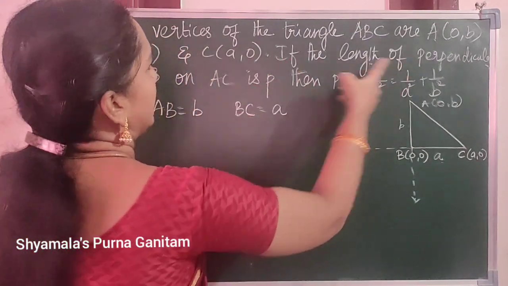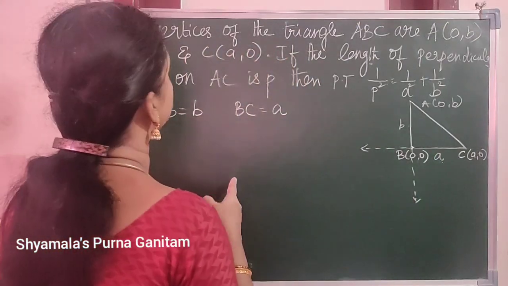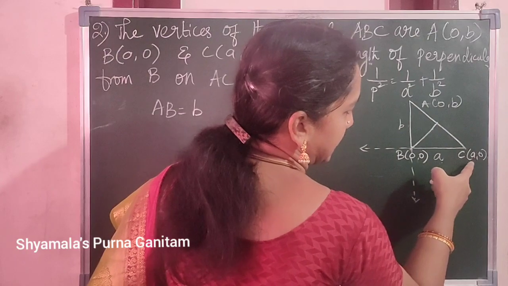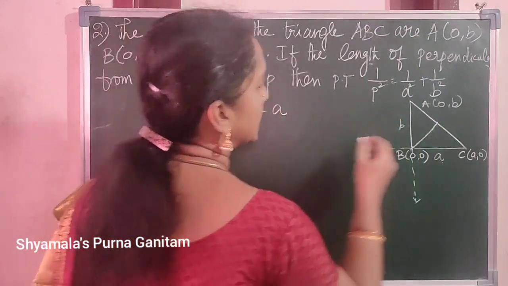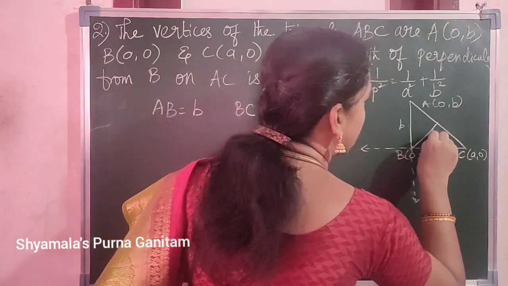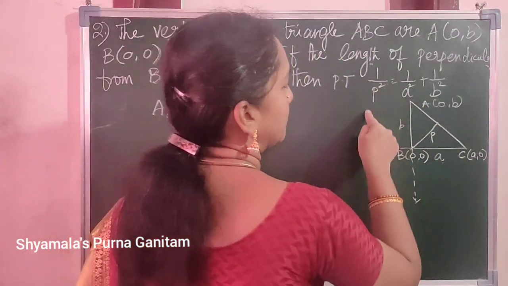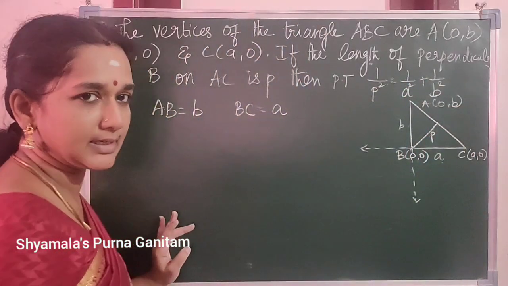Then the length of the perpendicular from B on AC. This is the AC line, so a perpendicular is drawn from B to AC, and its length is p. It is given in the question. Then prove that 1 by p squared is equal to 1 by a squared plus 1 by b squared.